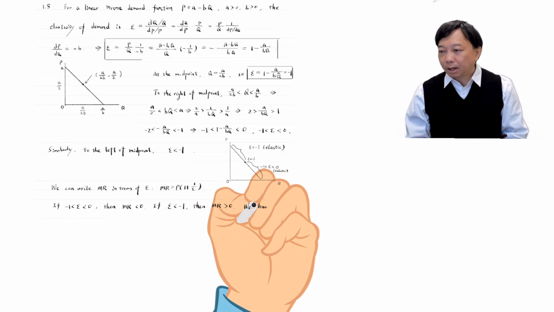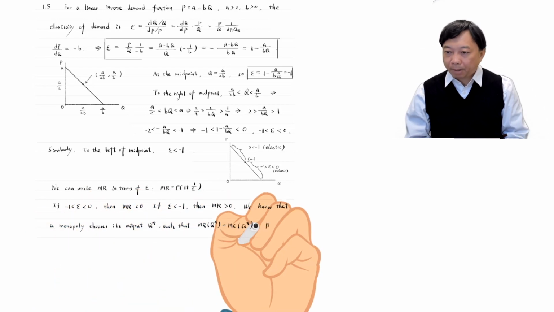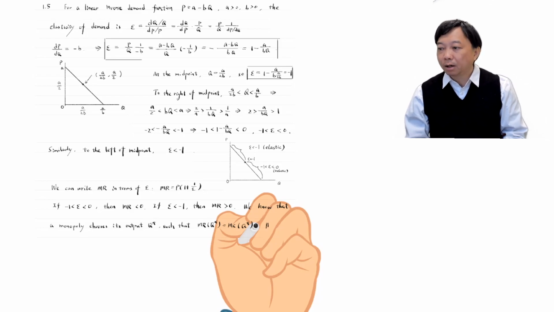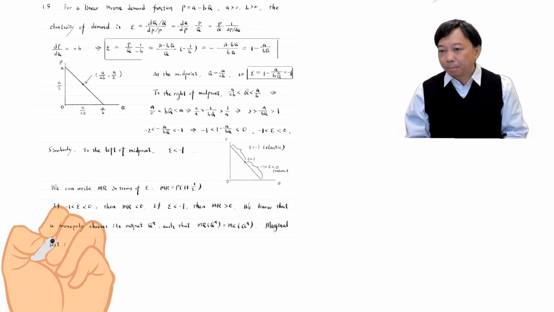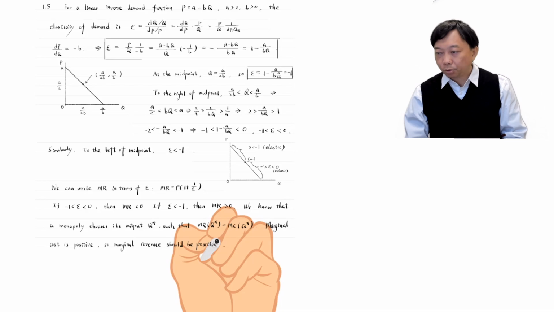Third, we know that a monopoly chooses its profit maximizing output level Q star, such that the marginal revenue equals the marginal cost at that output level. Since marginal cost is always positive, marginal revenue should be positive too.